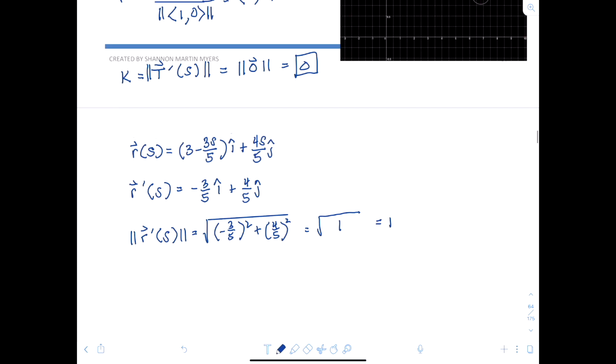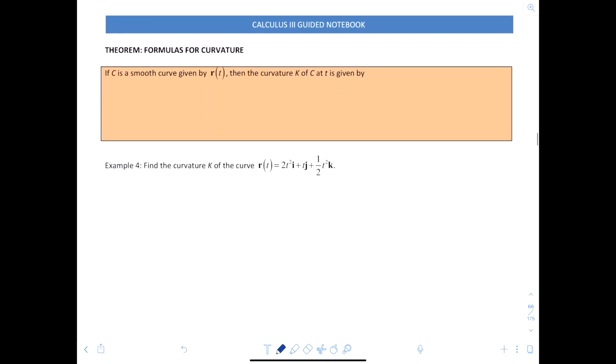Cool? All right, so now moving right along, formulas for curvature. If C is a smooth curve given by R at t, then the curvature K of C at t is given by, there's a couple you can do, and it just depends on what information you have. So K is equal to the magnitude of T prime at t divided by the magnitude of R prime at t.